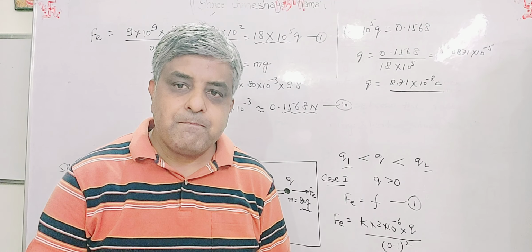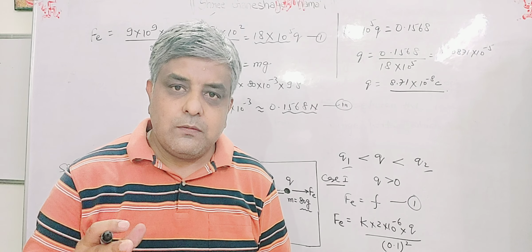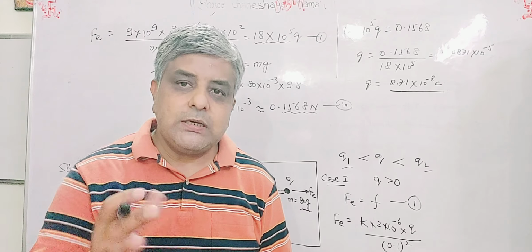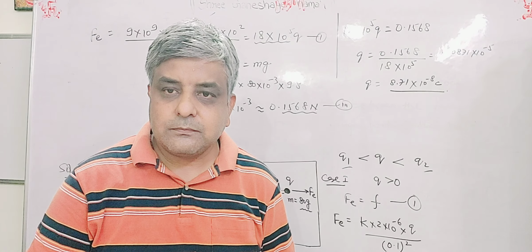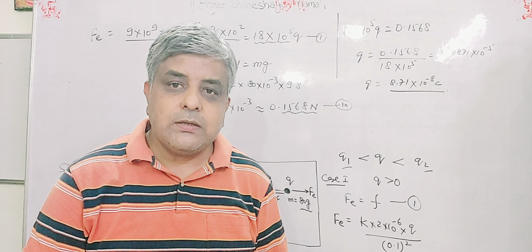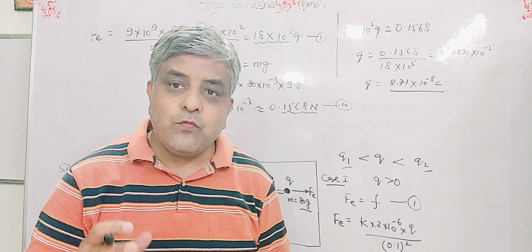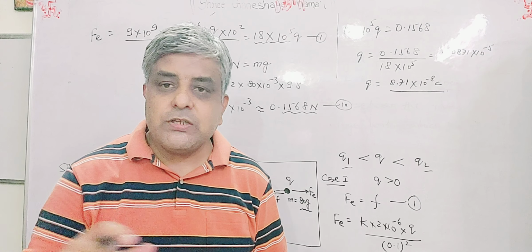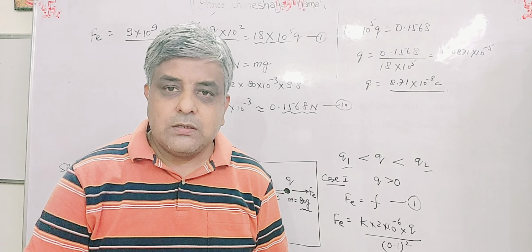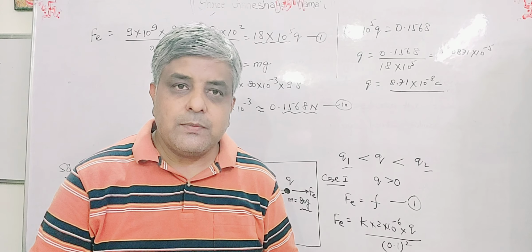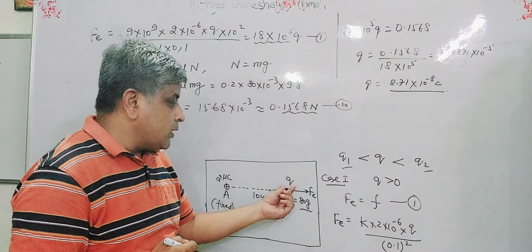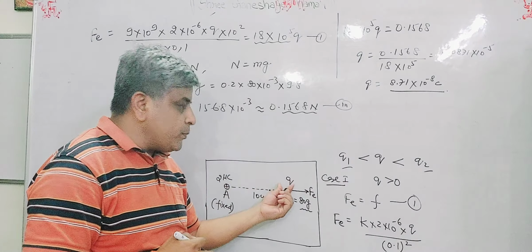So this is one part of the question, what must be the charge of the particle so that the whole system is in equilibrium. But you have to see that in the question we have to find the range in which this charge should be. For equilibrium, the charge Q we have assumed is positive. It can also be a negative charge.